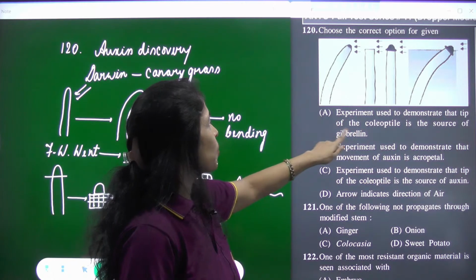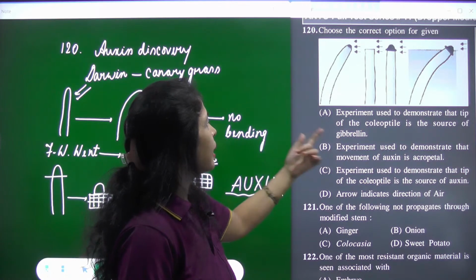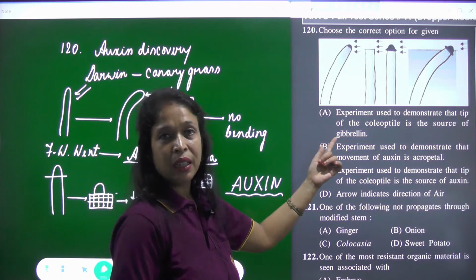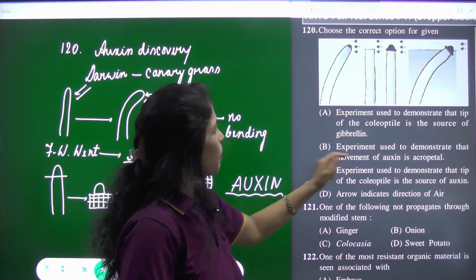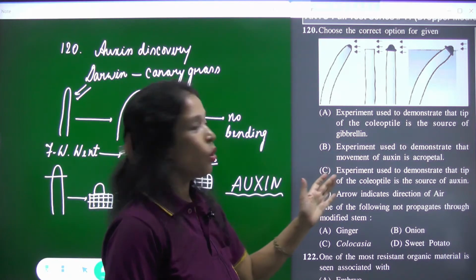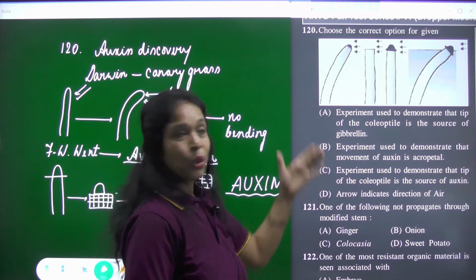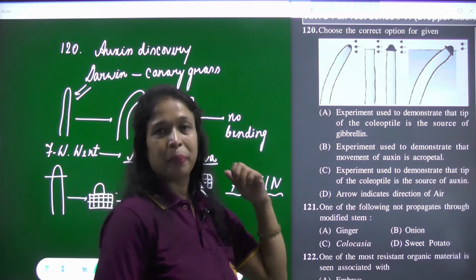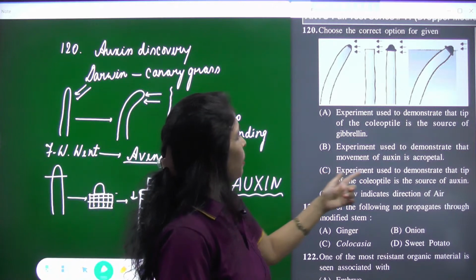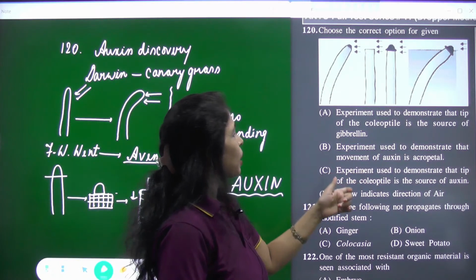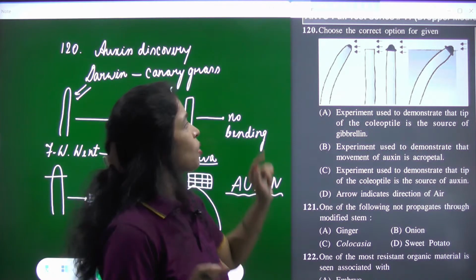Experiment used to demonstrate that the tip of the coleoptile is the source of gibberellin? No. Experiment used to demonstrate that movement of auxin is acropetal? No, it is not showing acropetal movement. Experiment used to demonstrate that the tip of the coleoptile is the source of auxin? Correct.